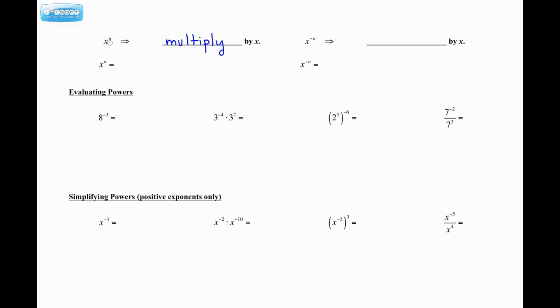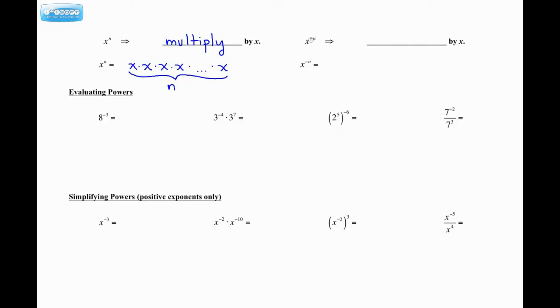So every time n increases by 1, you multiply by x one more time. Okay. So really what this means is x times x times x times x times dot dot dot times x, however many times. Okay. There are n of them.